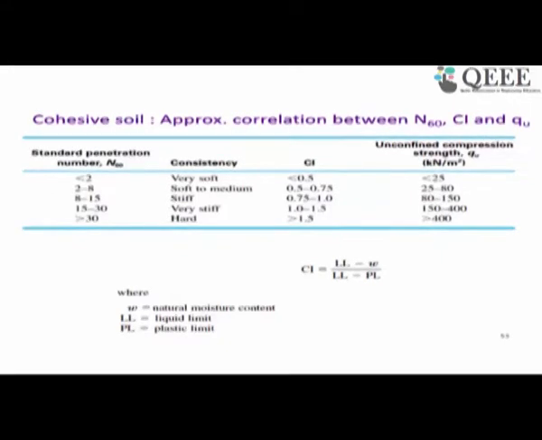That means directly the SPT number, that is the number of blows required to penetrate the 300 millimeter penetration, is representing the type of strata you are encountering. So higher the number means stiffer the strata.